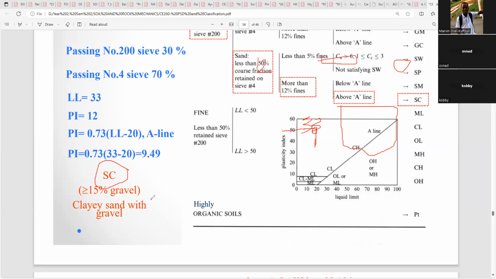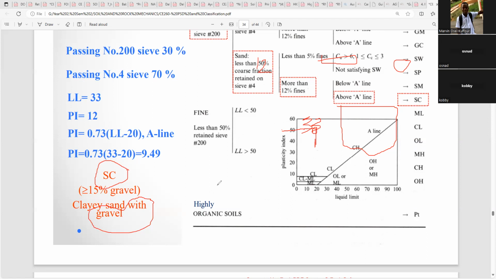It's not compulsory to add the "with gravel" to it, but it makes it a bit formal. So you just check. You now know that you have sand. So if you want to know whether the sand has some mixture of gravel, you just check whether you have 15% of the gravel.